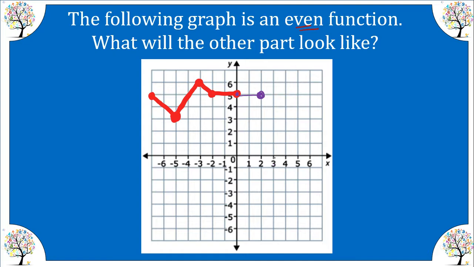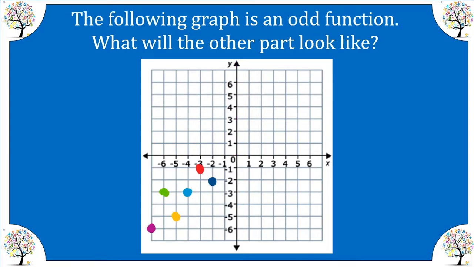When I put in +3, I should also get out 6. Then we have -5, 3. When I put in +5, I should also get out 3. And then I have -7, 5. So I should have +7, 5. And this reflects about the y-axis.